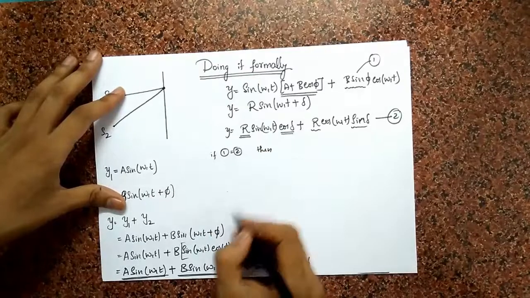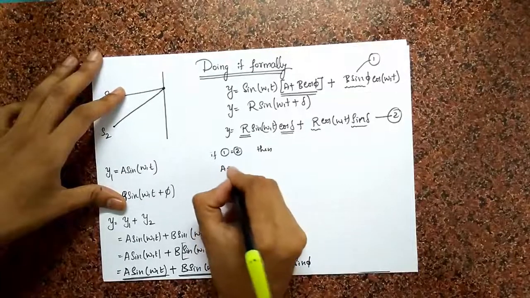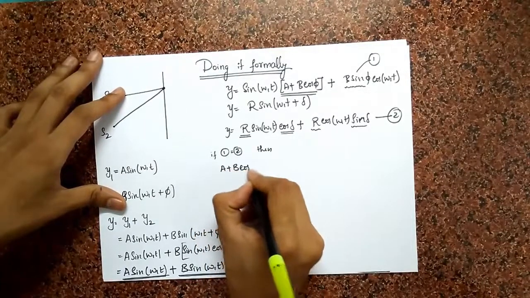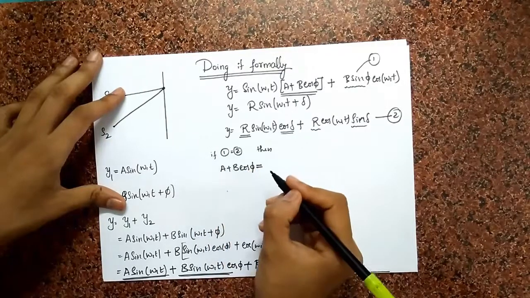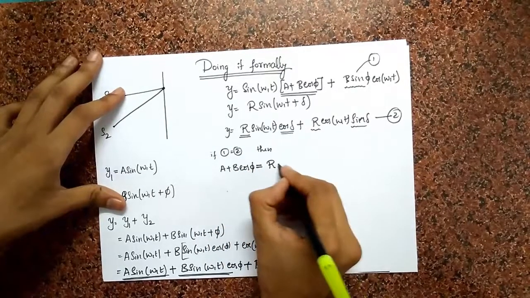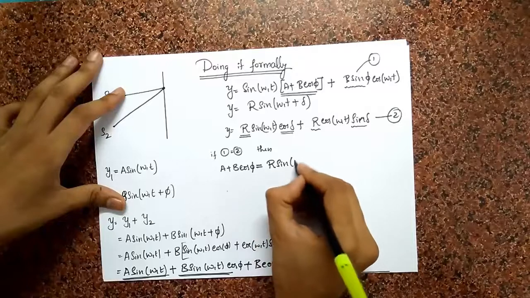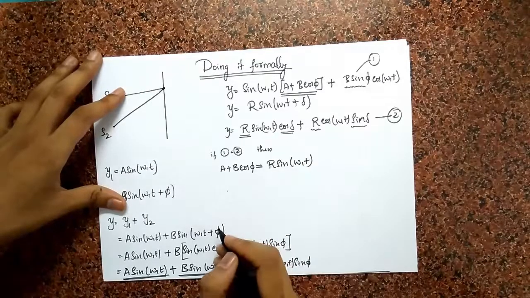then we have A plus B cos phi has to be equal to r cos delta.